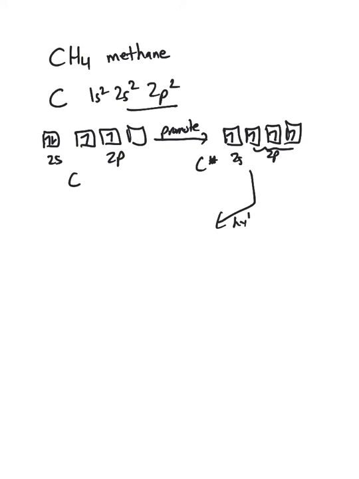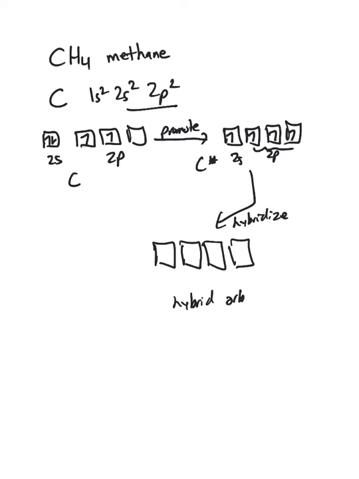So now I've got 4 orbitals, each with an electron in them. That cost me energy. But now I can hybridize and gain that energy back by having a quartet of hybrid orbitals. And how did we make that? From an s and 3 p orbitals. So this is called sp3.